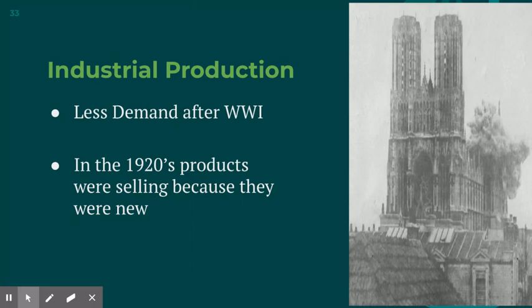Well, in the 1920s, many of these companies didn't realize that one of the reasons they were selling so much was because other countries that were at war and their factories couldn't produce those things. So we kept making products at the same rate, even though there wasn't war anymore.